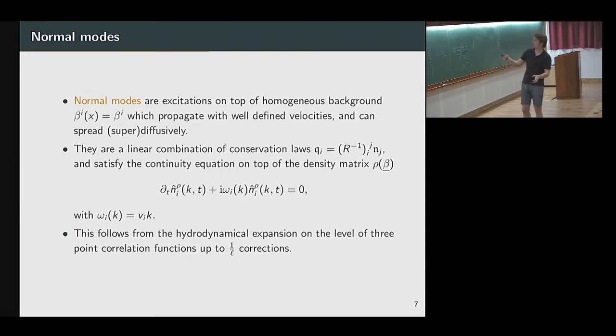This rotation from the basic charges to normal modes is obtained by diagonalizing the Drude weight matrix. One can then see that on top of some thermal states, normal modes are localized on the Euler scale. So they're all moving with well-defined velocity. This is just a continuity equation in K-space, and it tells us that there are excitations traveling with velocity vi.